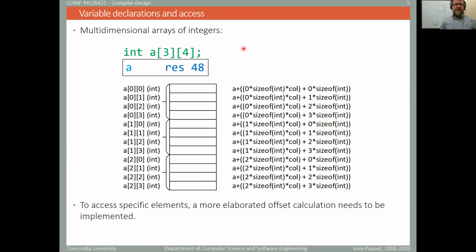So the same thing goes if you have multidimensional arrays. It's just that you have to then take into account that not only do you have a linear allocation, you also have a multidimensional allocation.